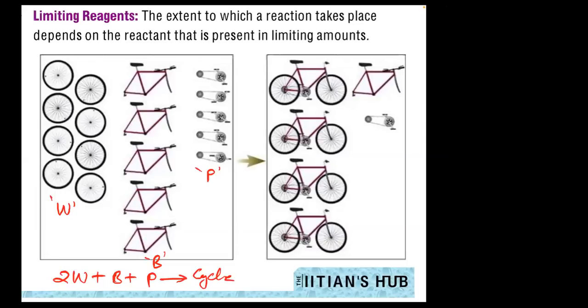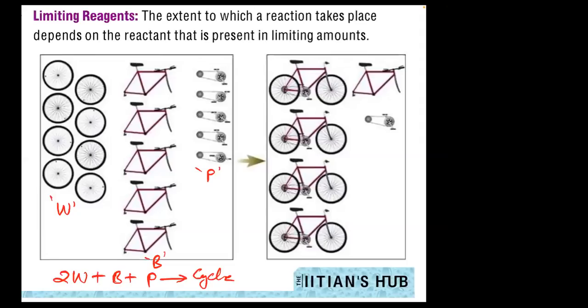Now to check the limiting reagent here, as far as wheels are concerned: 1, 2, 3, 4, 5, 6, 7, 8. We have just 8 wheels, and obviously it can form only 4 cycles. We have 5 bicycle bodies, so 1 extra body remains, and 5 pedal sets also, so 1 pedal set remains.